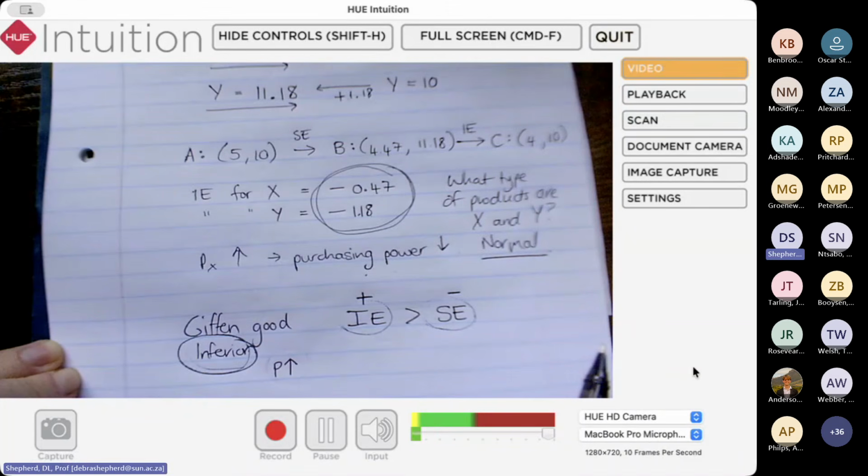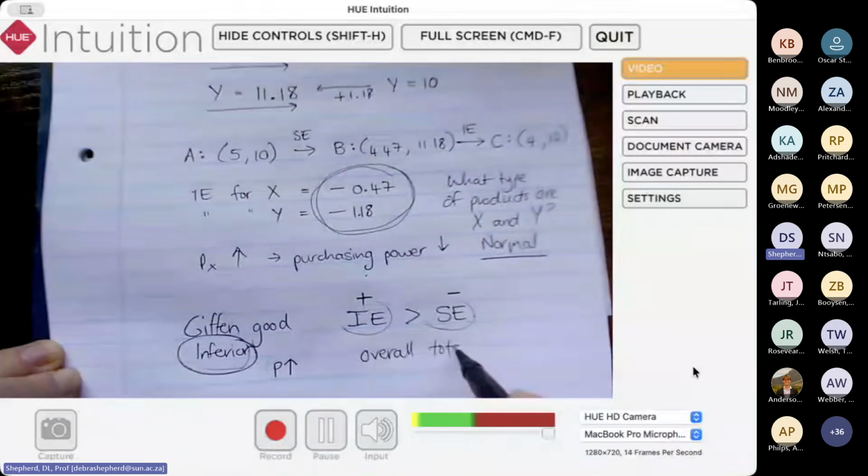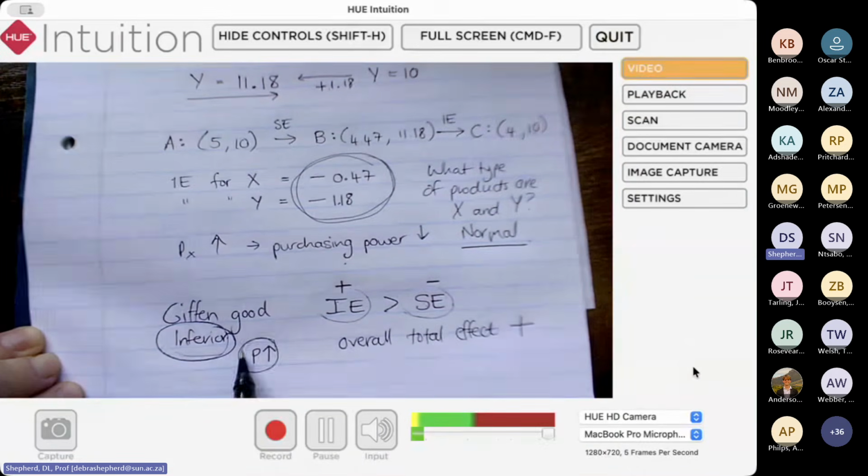If the positive income effect exceeds the negative substitution effect, the overall total effect will be positive, which tells me that prices going up makes quantity demanded go up. And that contradicts the law of demand.